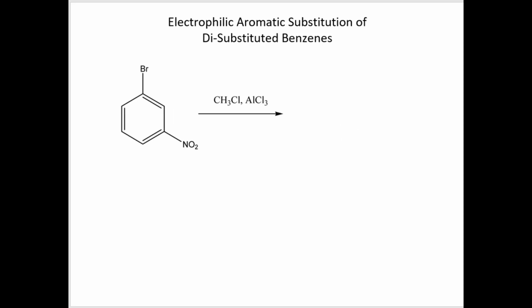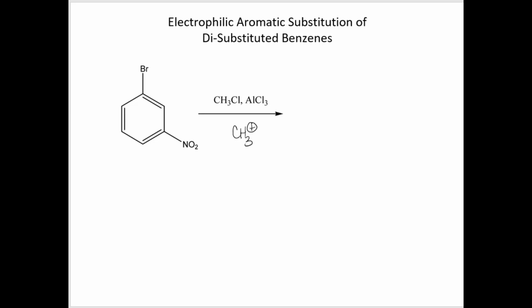Looking at this meta bromonitrobenzene with CH3Cl and AlCl3, what does that produce? That's Friedel-Crafts alkylation. So it's going to produce a CH3 plus. And where is that electrophile going to add?